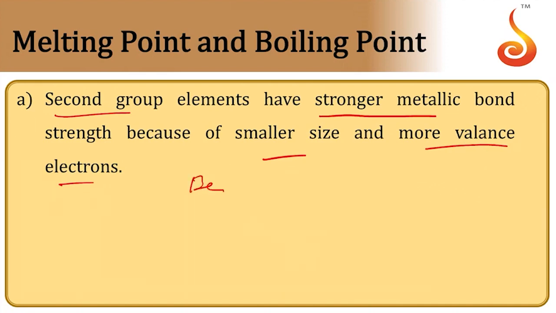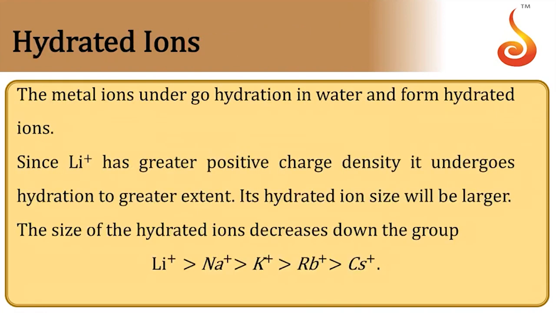There is no order in the melting points. But what we need to remember is that the highest melting point is for beryllium and the lowest is for magnesium.